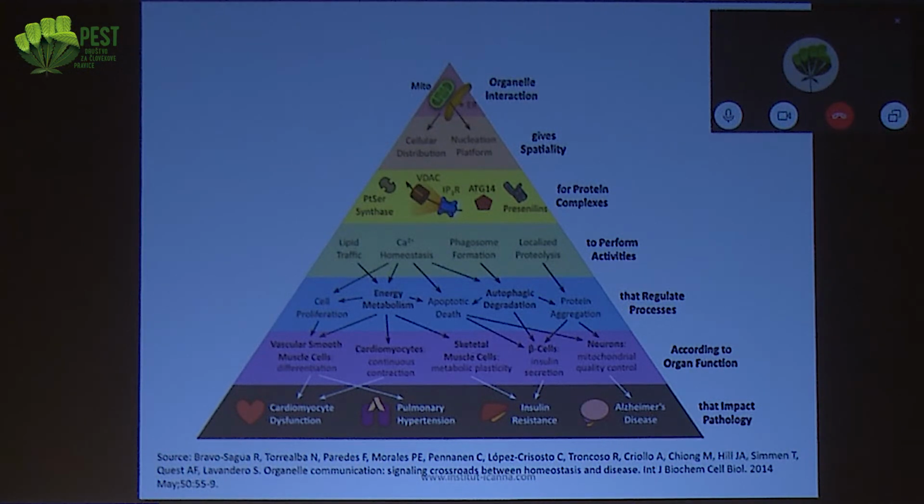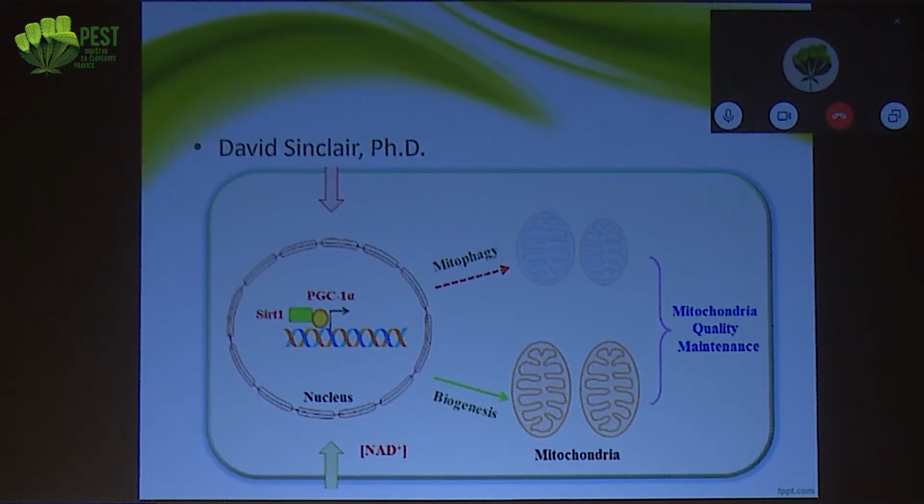One interesting way how the nucleus and the mitochondria talk to each other is through a molecule called NAD. And a very well-known researcher of aging, Dr. Sinclair, has been studying this in great detail, and he showed that young cells always have a very high concentration of this NAD molecule, and this is the molecule by which the nucleus tells the mitochondria how much energy this cell needs.